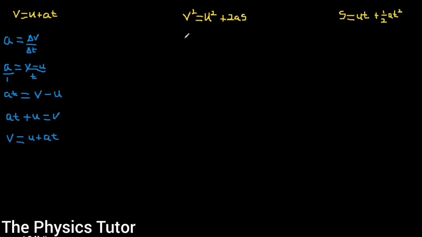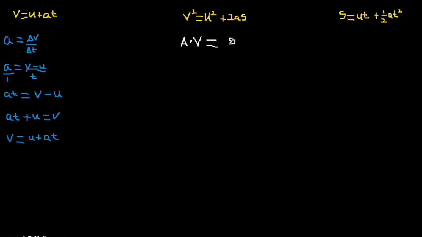To prove the equation in the middle, we know that average velocity, abbreviated as AV, is equal to the total distance, which in physics has the symbol s, divided by the total time.